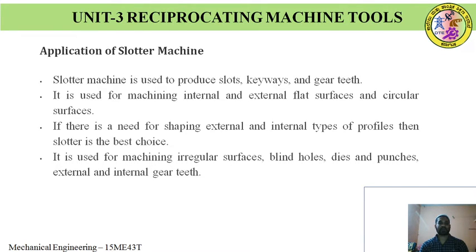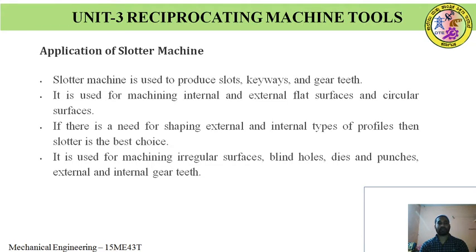If there is a need of shaping external and internal types of profile, then a slotter is the best choice. If internal slots have to be cut, compared with the shaper, the slotter machine is the best choice for making internal cuttings, internal and external shaping, external and internal types of profiles.